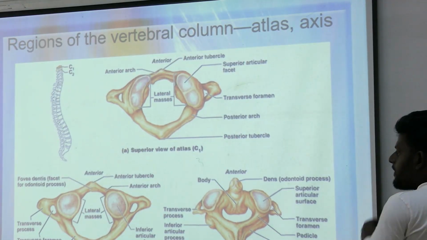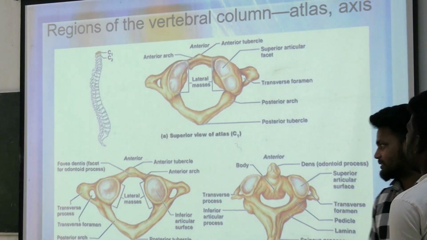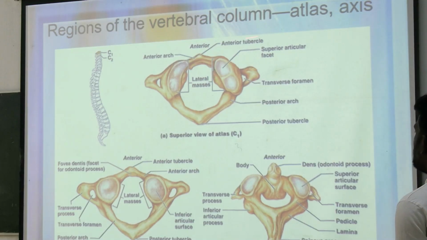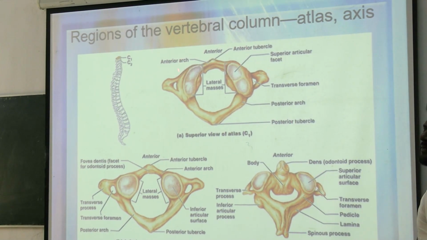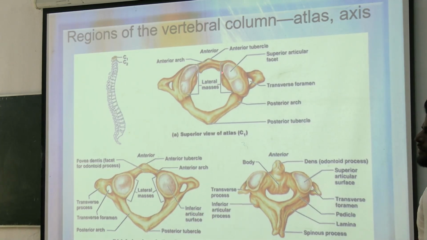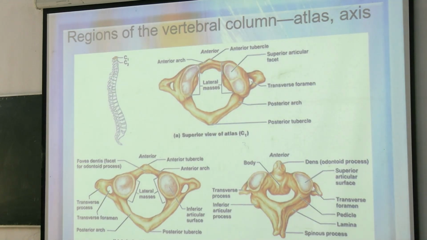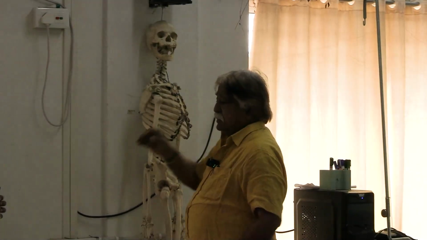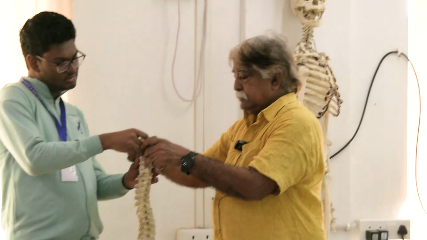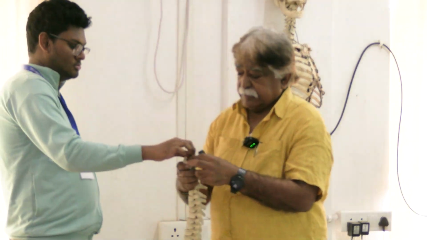Now see, I couldn't find yesterday's lecture, I'll look for it the next day. Now see, these are the atlas and axis. See the axis. This is the atlas. Now see the transverse foramen. Here the atlas is missing. Okay, let me explain.